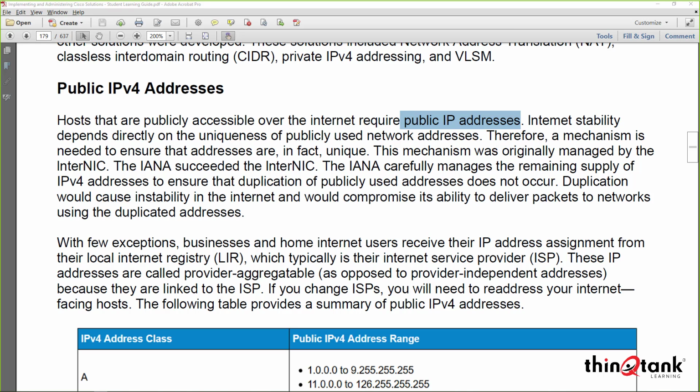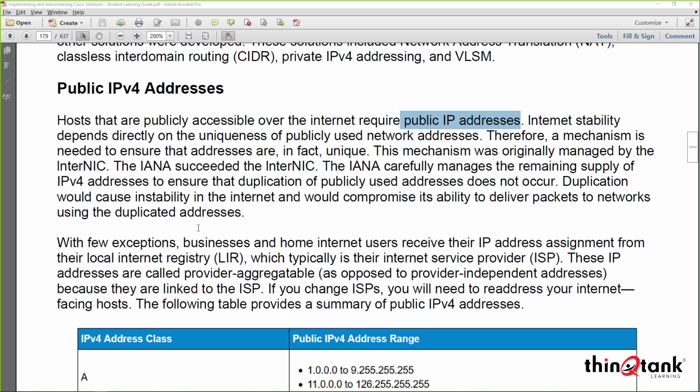So we have to have a mechanism to ensure that the addresses are unique. Originally the idea was to just allocate everybody a public IP address. But the problem is they were running out of address space. There just wasn't enough to go around.